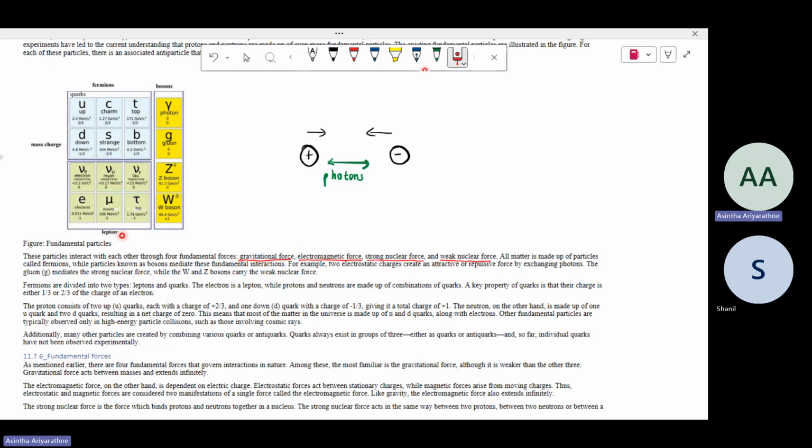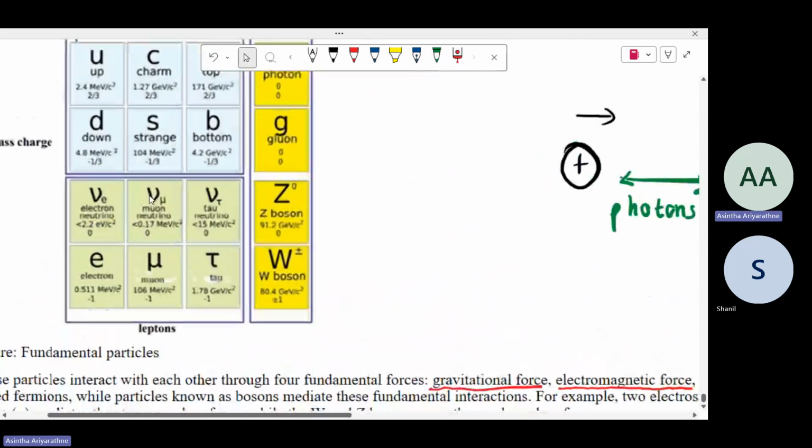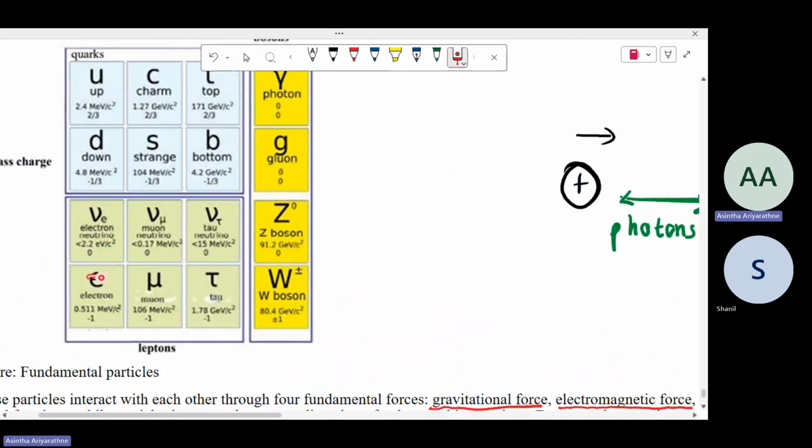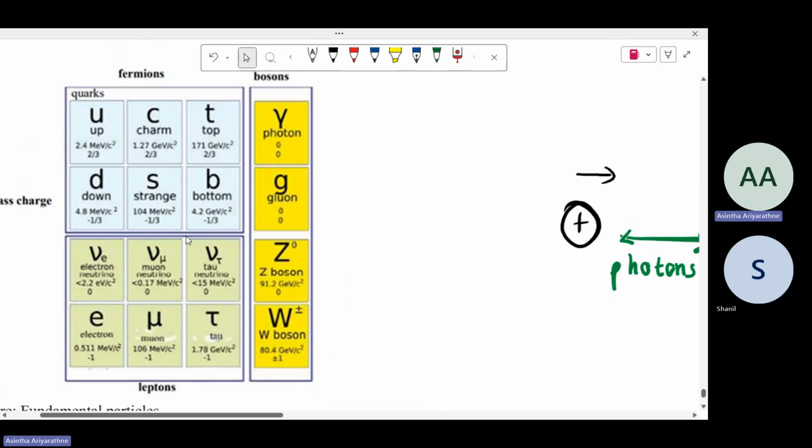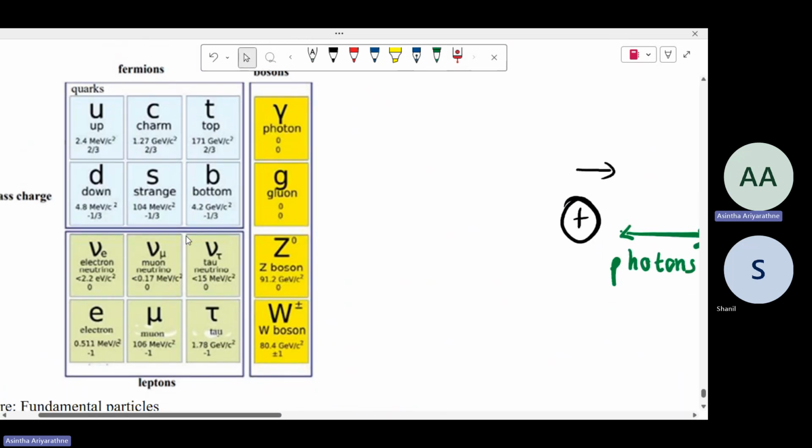Under leptons we have the electron. The electron is a fundamental particle, even in the modern definition as well as the previous definition.